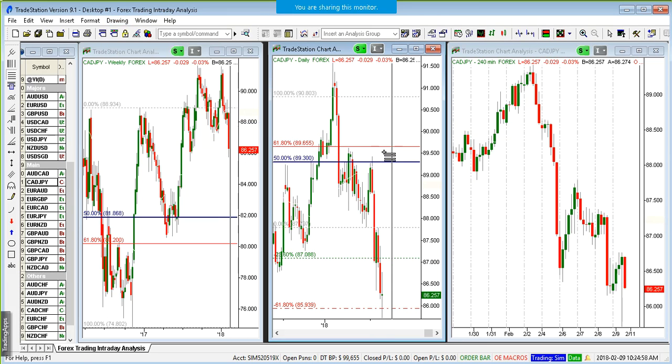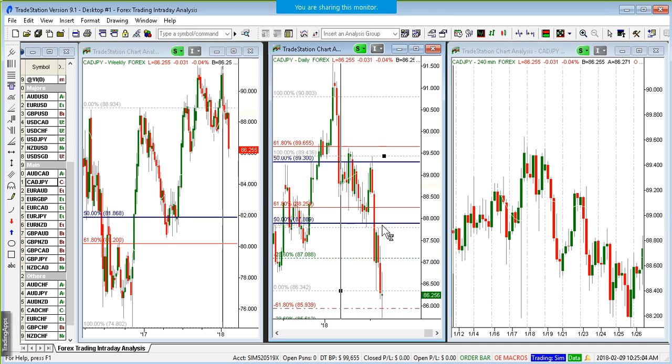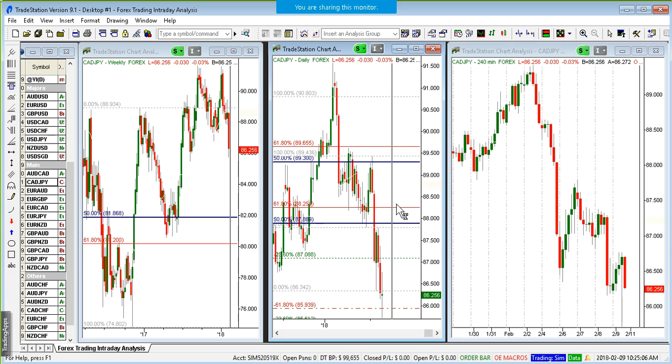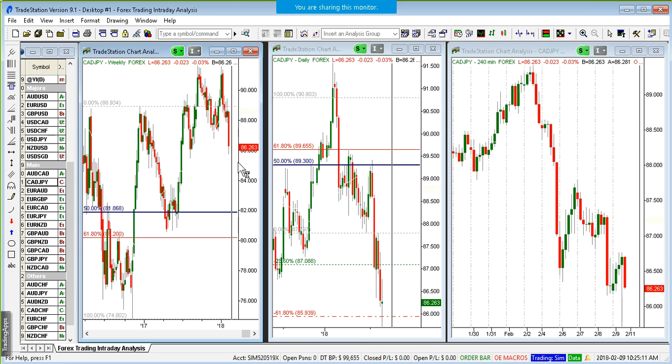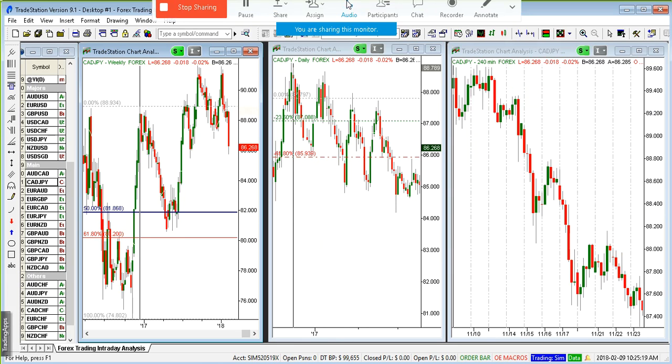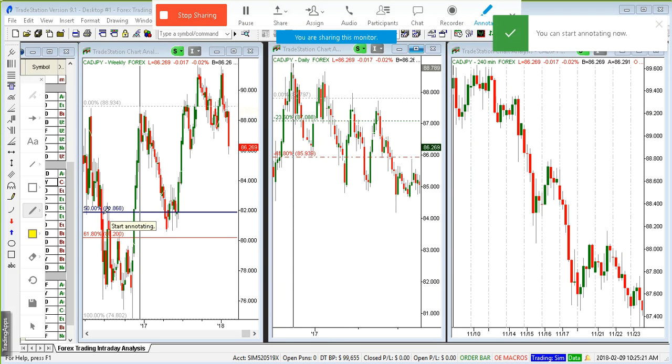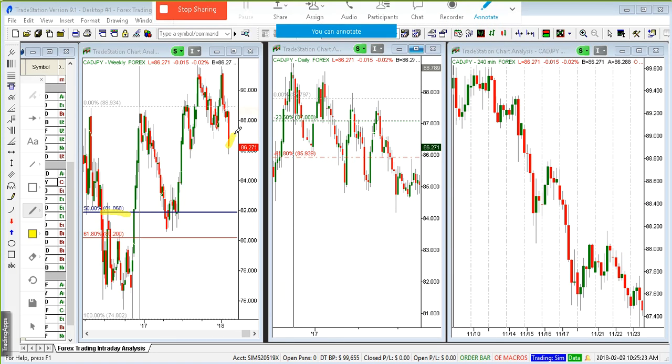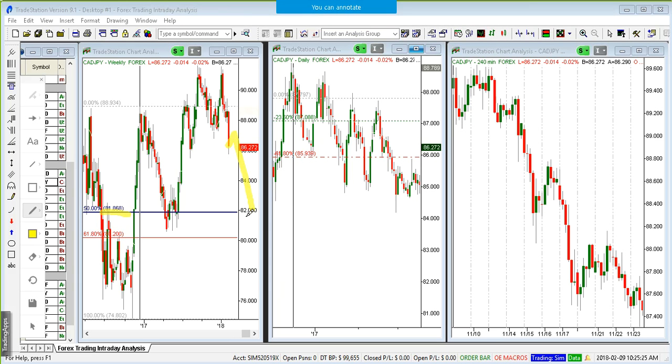In the meantime, there was a 50% inner 50% that we traced, but it was not tested. So to me, this market has traded the second target here, 85.93, and we could see a continuation to the 81.68 after a correction here.